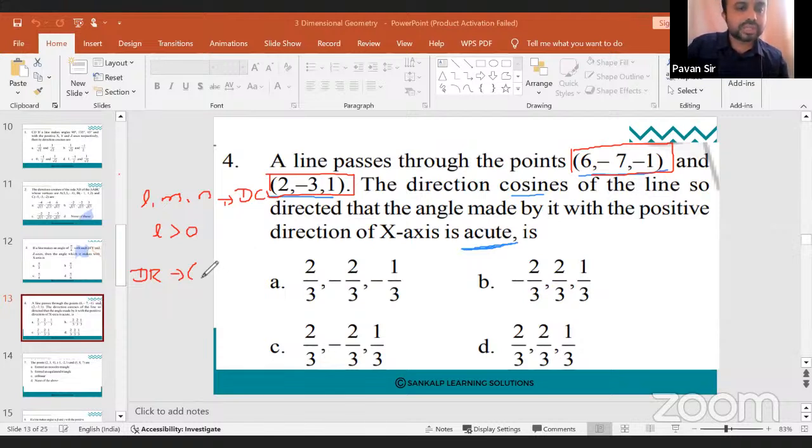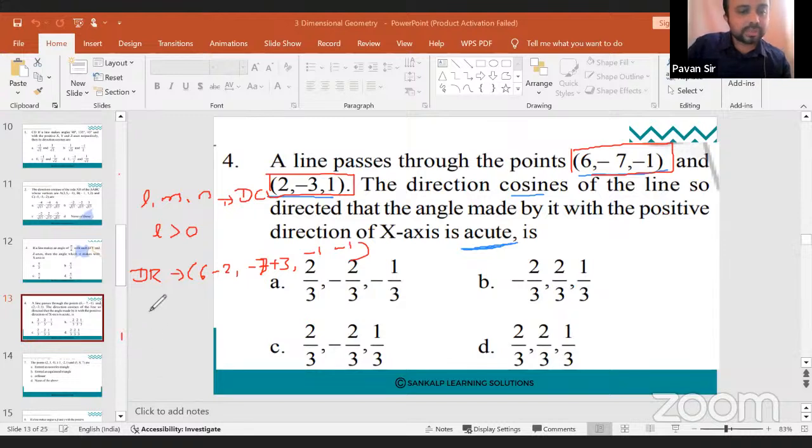So 6 minus 2, comma, -7 plus 3, because minus of -3, then -1 minus 1.